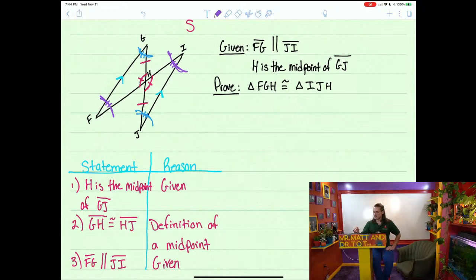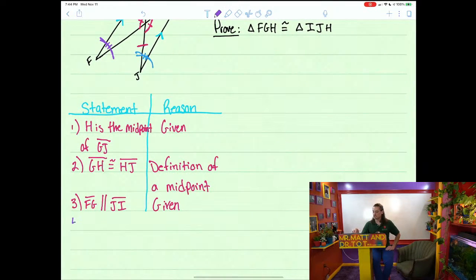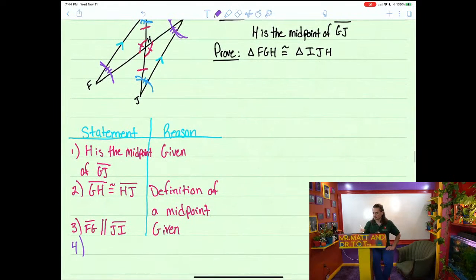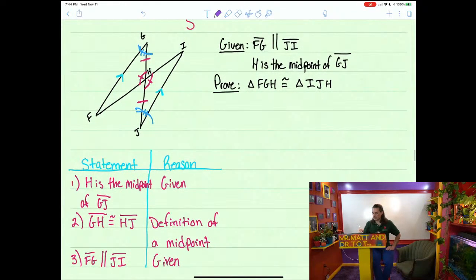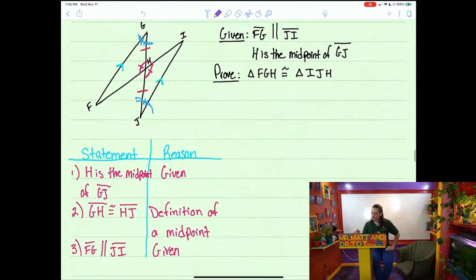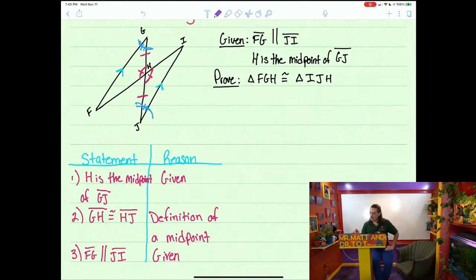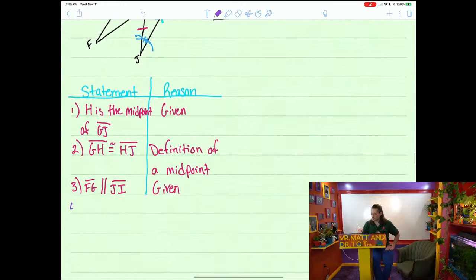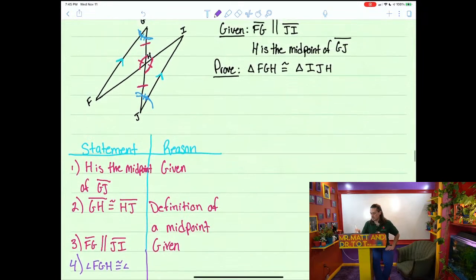So I'm going to say that because these lines are parallel, I can say that angle FGH has to be congruent to angle IJH. And that's because of the definition of alternate interior angles.